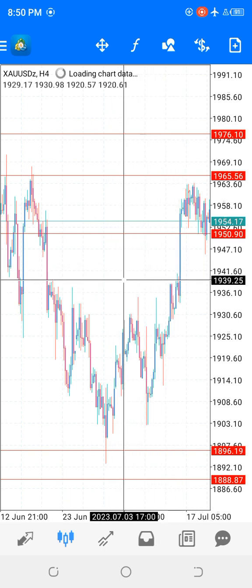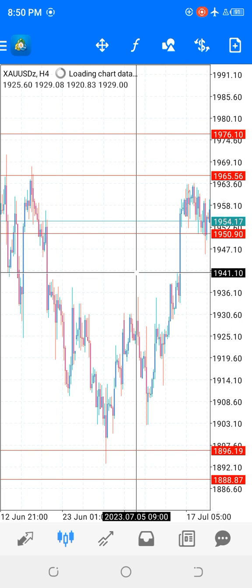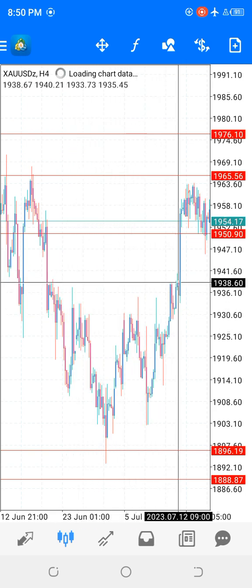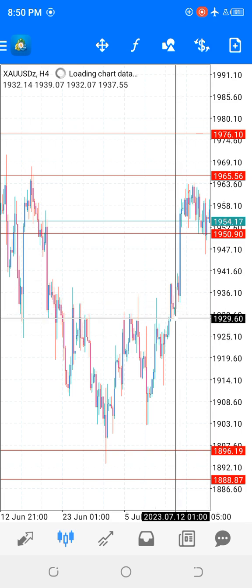We are institutional traders. We are chasing retail traders in the market. Simple as that. This is an equal high. When you see an equal high, expect price to run it.